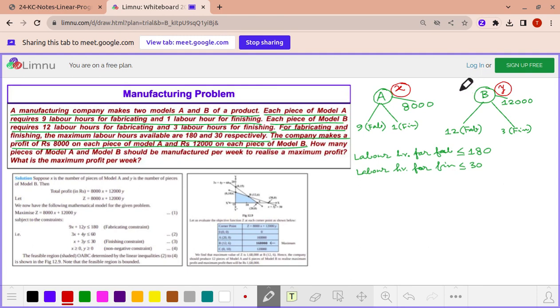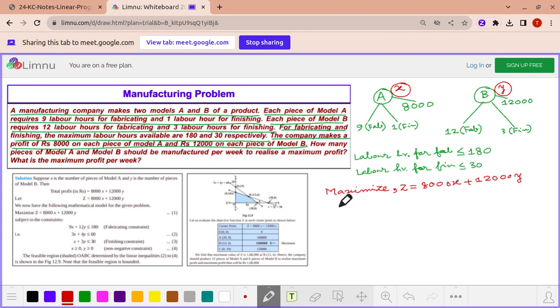So for X pieces of model A the profit will be 8,000x. Similarly, the profit from model B will be 12,000y. So what we need to do is maximize Z, the objective function, that is equal to 8,000x plus 12,000y. That is the objective function.